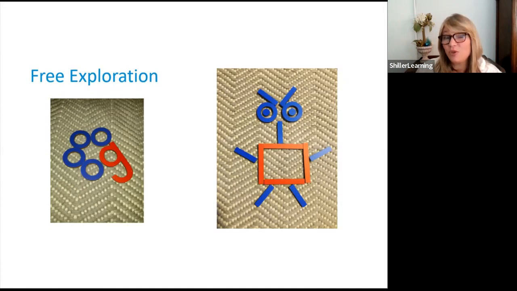It can be used too for tracing letters and making decorative signs. So there are a number of things. Let your child have some free, just open-ended time with the material. It's going to encourage them to experiment.